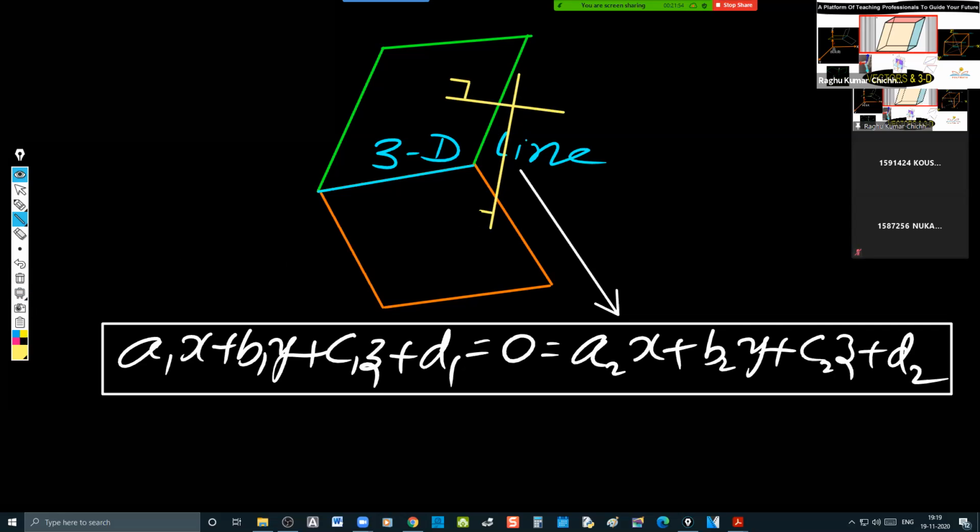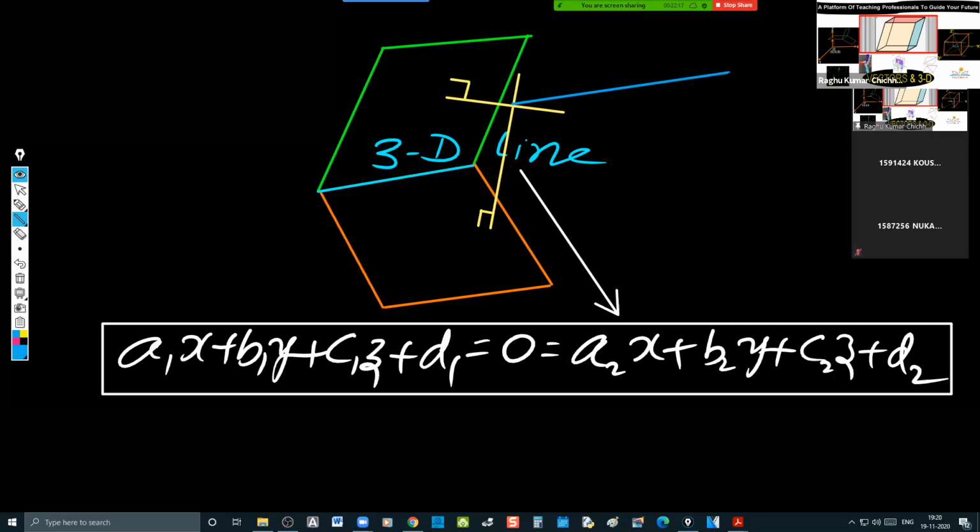Now, if you find the cross product of these two, then whatever vector you get will be parallel to that line.